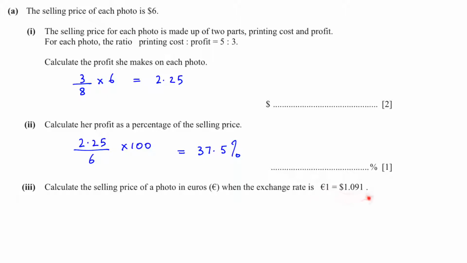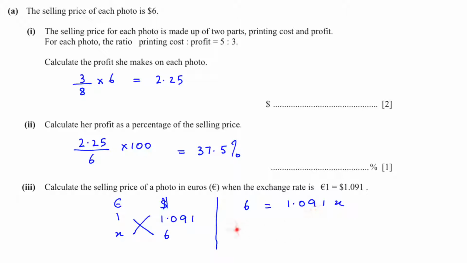Part 3. Calculate the selling price of a photo in euros when the exchange rate is €1 is equal to $1.091. First write euro and dollars. €1 is equal to $1.091. Therefore, $6 will equal to how many euros? $6 because that's the selling price. Cross multiply. 6 multiplied by 1 will give you 6. And 1.091 multiplied by x will give you 1.091x.